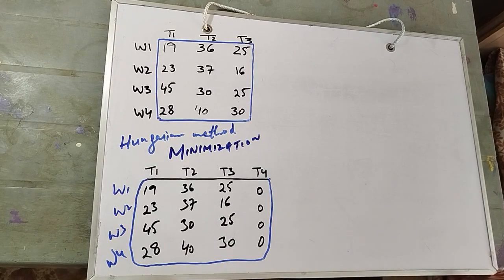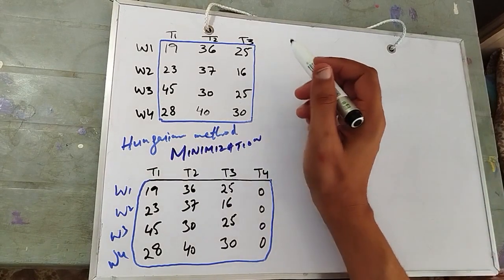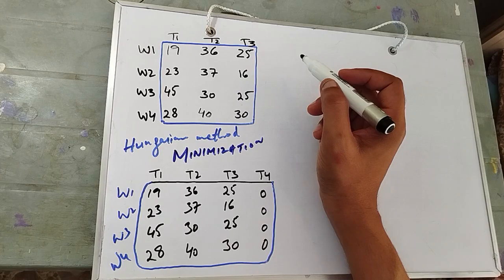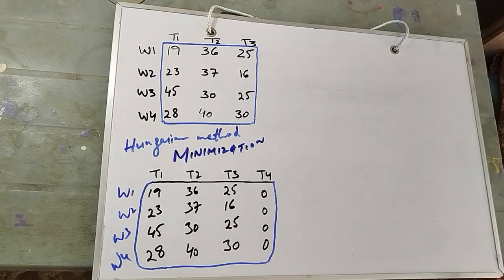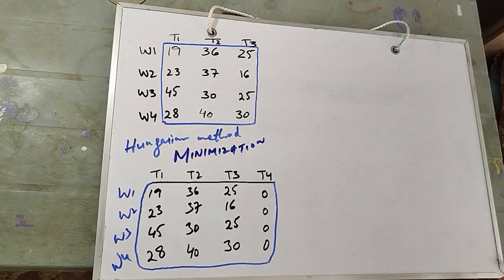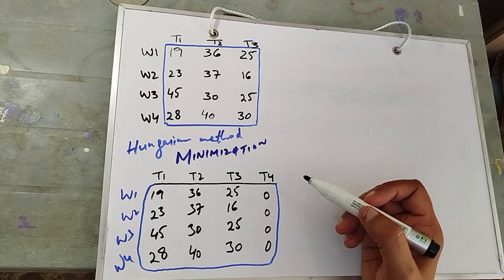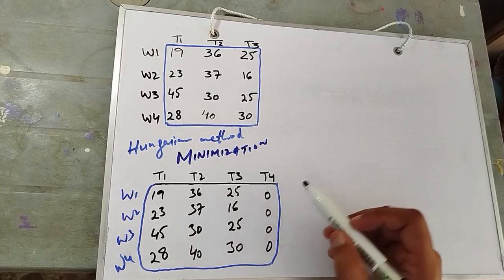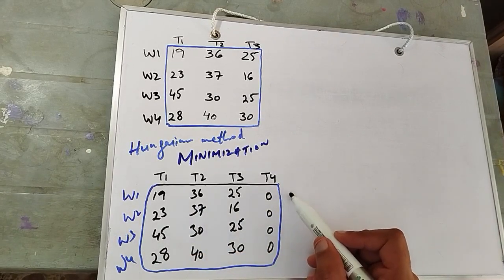Okay, so let's move ahead. First, to find the assignment to the proper worker, the least time taking worker is found by reducing the row. So how do we reduce the row? Find the least one in the row.